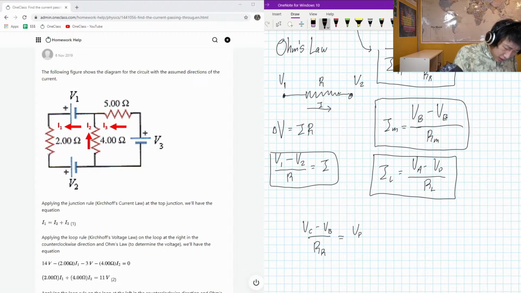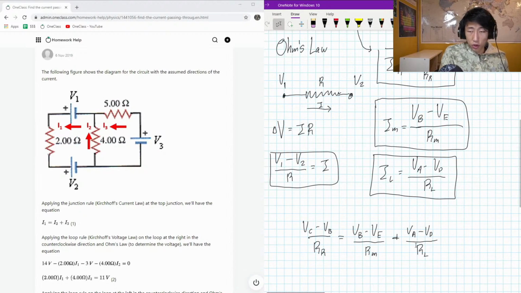So VB minus VE, that kind of looks messy, just to make that super clear, over RM, plus VA minus VD over RL. Okay, so this is pretty cool and all.